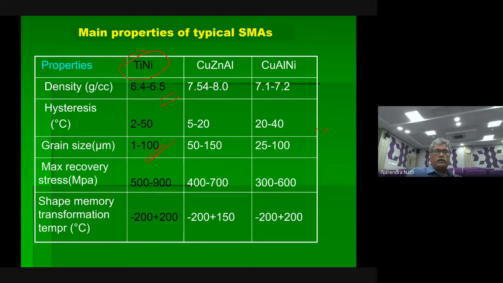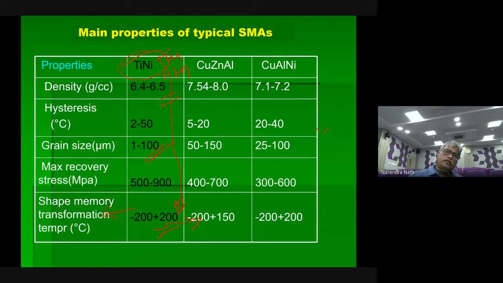And recovery you can see here, and transformation temperature you can see here. So this is only with binary. If I am adding copper as a ternary, if I am adding zirconium as a ternary, then these things may go further down, may go further high. That depends.